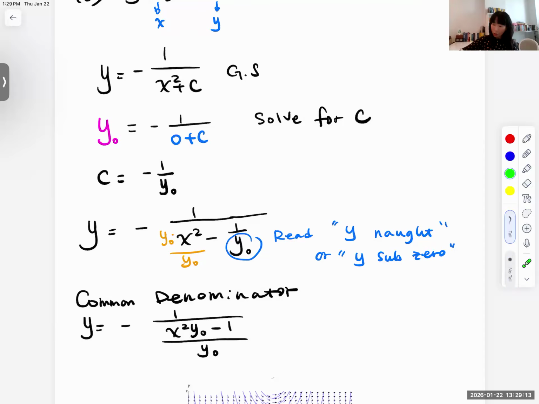Then we have a fraction divided by another fraction. We multiply the first fraction by the reciprocal of the second fraction. Then this will be negative y naught over x squared y naught minus 1, minus y naught over x squared. So give the negative sign to the middle.